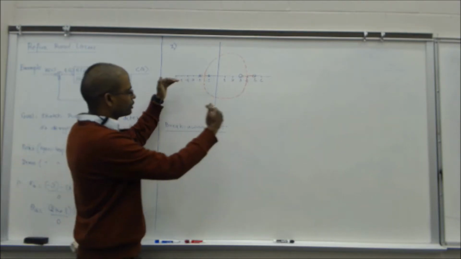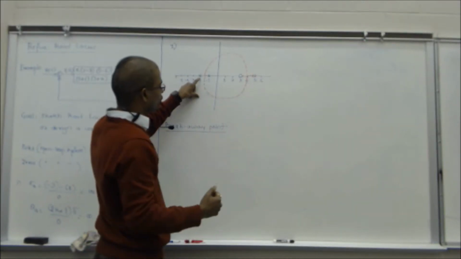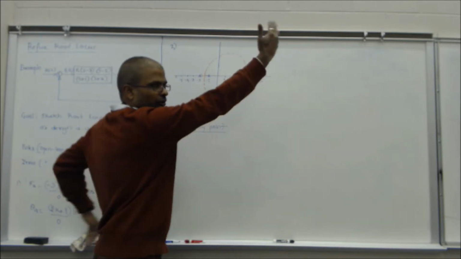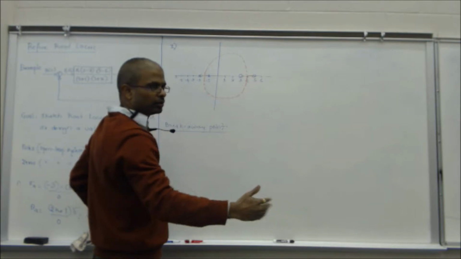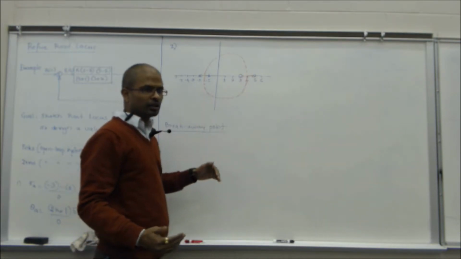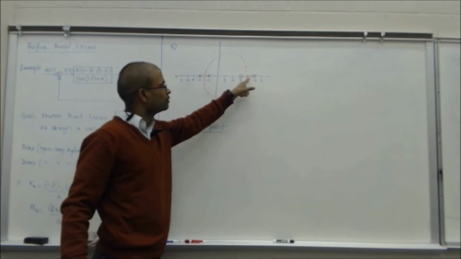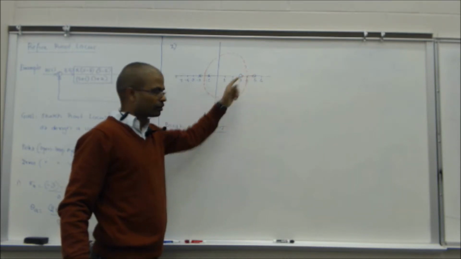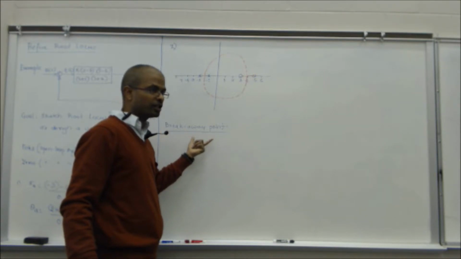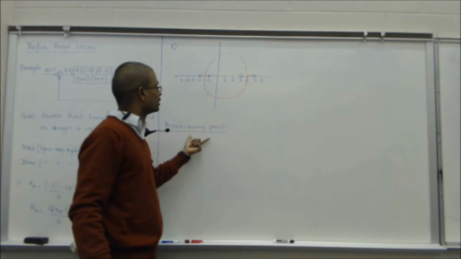So here, what is happening is, this is the start point, right? They come like this, and they break away. Okay? And here, they break in. So you need something called breakaway point and break-in point. And you can precisely calculate what these breakaway and break-in points are.